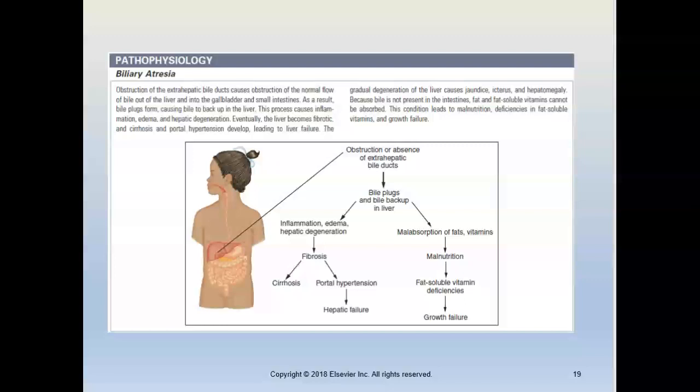Medical management involves treating the child's malnutrition and providing symptom relief. Malnutrition can be treated with special formulas used to increase calories, or TPN can provide essential nutrition. Fat-soluble vitamin malabsorption occurs with this condition.